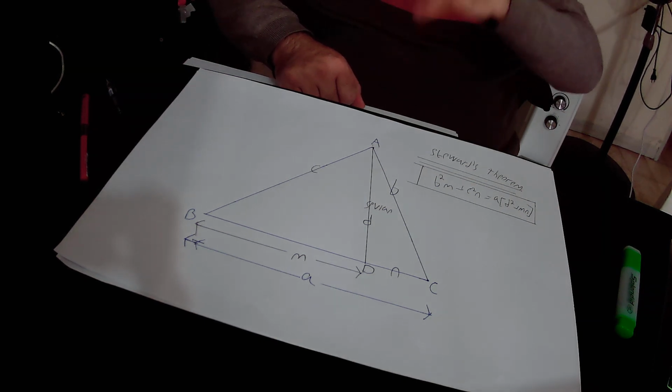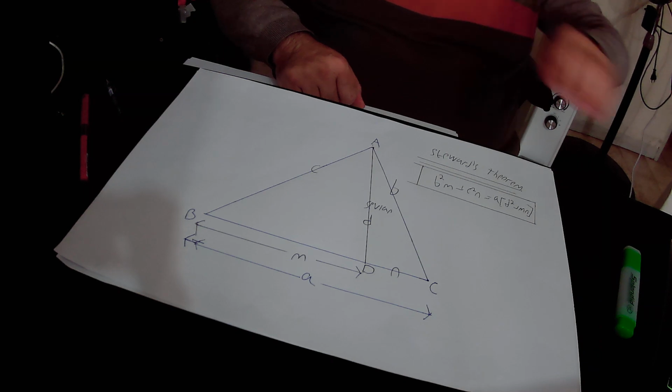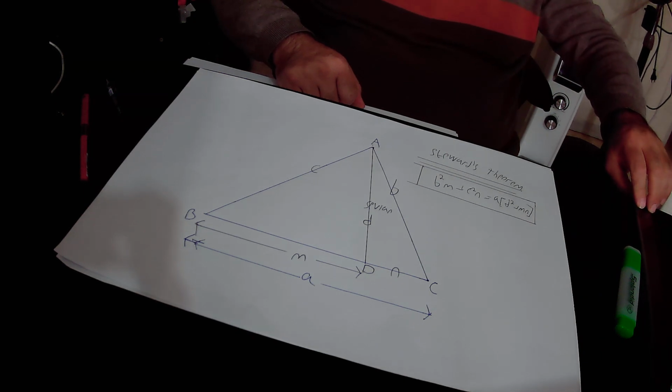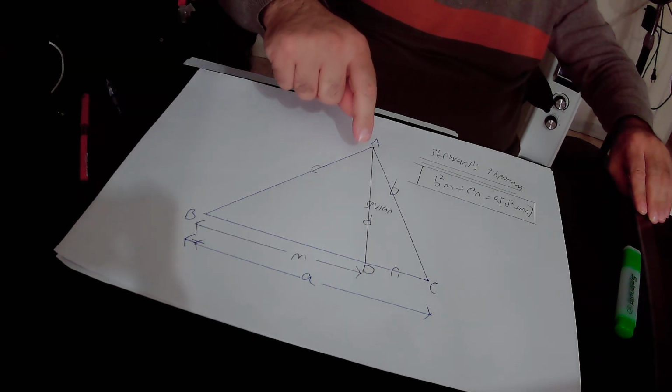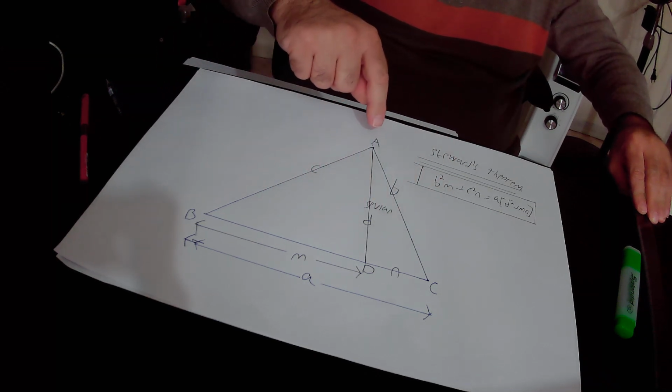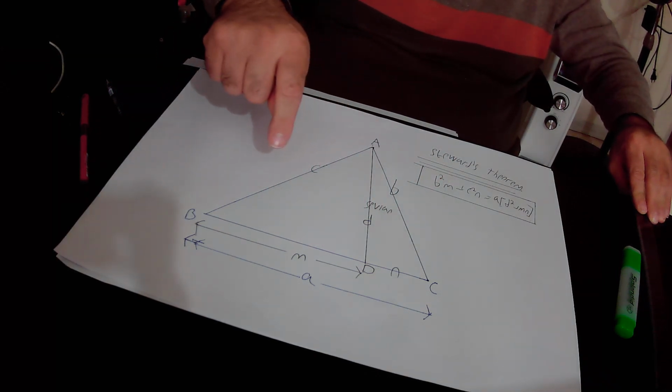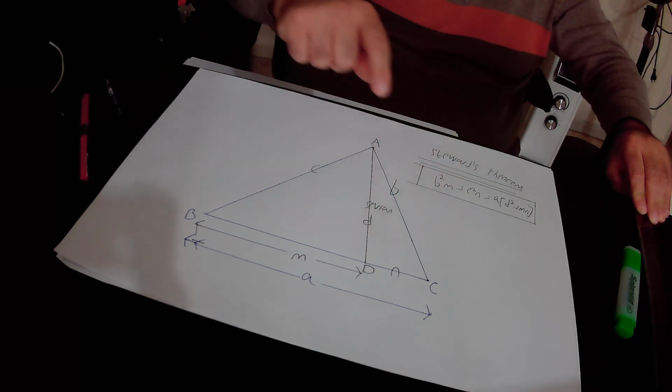So we start with the first method. In the first method, we do a construction. That is to say, from the vertex A, we draw a perpendicular on BC.